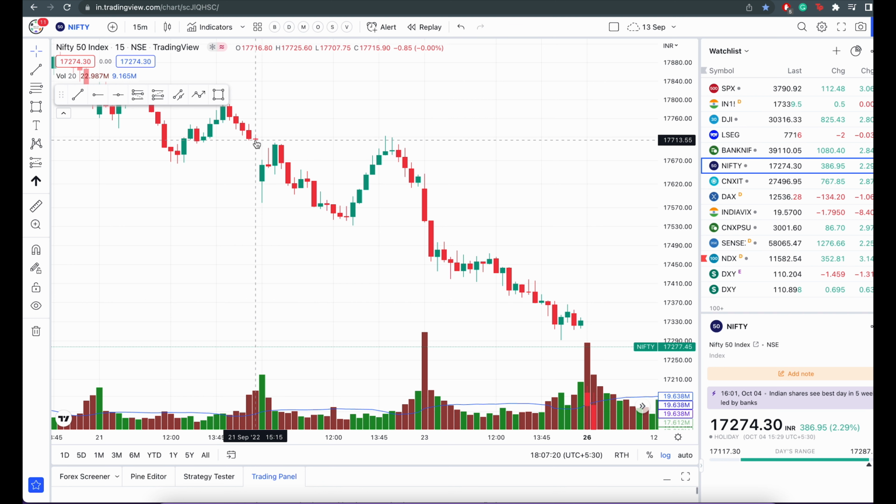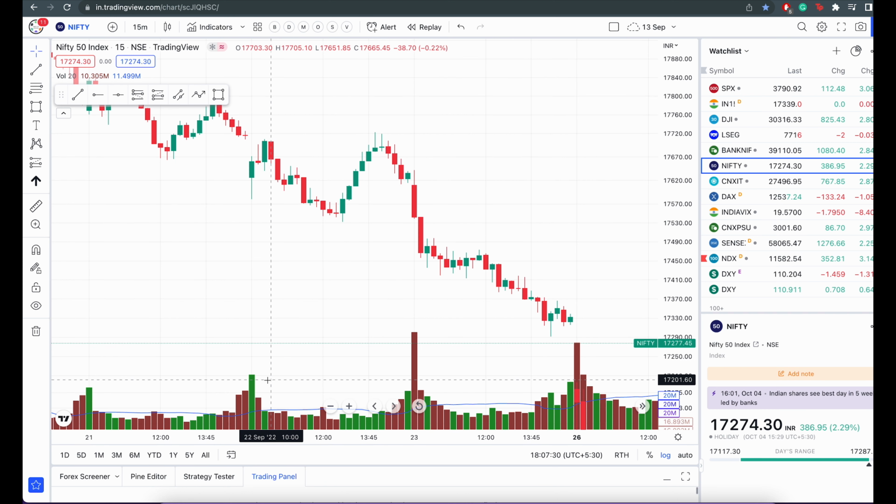So this is where the big gap down started, but you see there's a large number of green candles, which is bullish. This indicator helps you understand the number of people who are interested in buying and selling. You see the long green candle and the price is also going high, right?